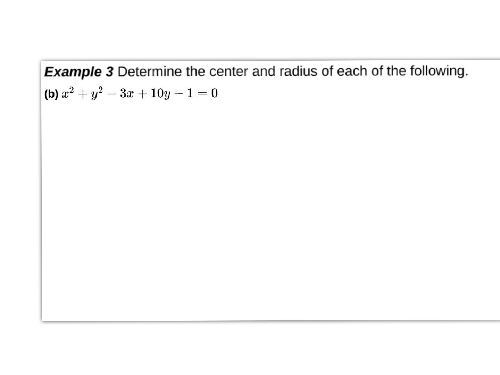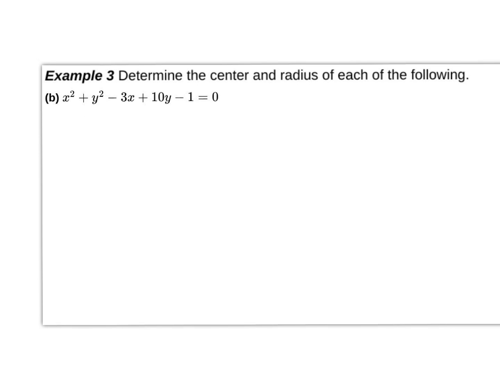All right, so I'm going to take my x squared term minus 3x and group those together. Then I'm going to take my y squared and 10y term, group those together, and move that -1 to the other side.